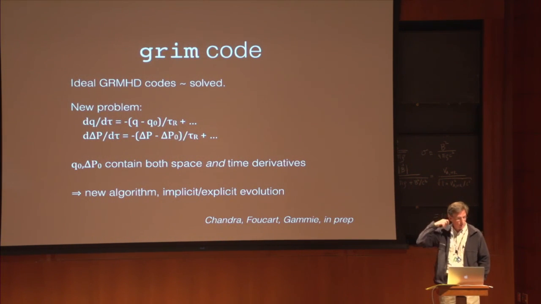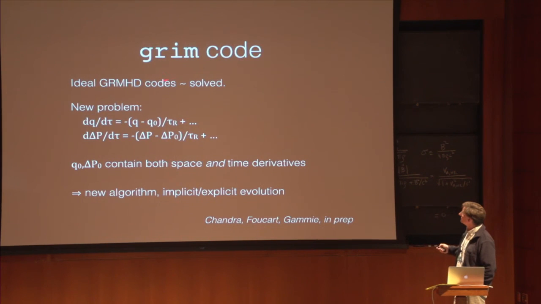Okay, so we've written a code to do this. Actually, Mani Chandra has written a code, and Francois Foucault, who's a postdoc at Berkeley. And it builds on top of the ideal GRMHD codes, and then includes these 2 new evolution equations for heat flux and pressure anisotropy.